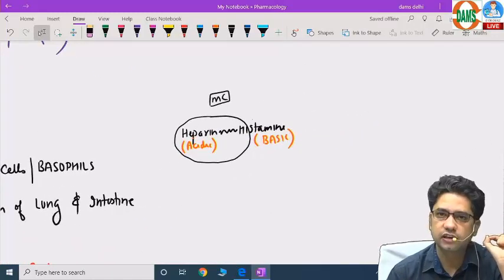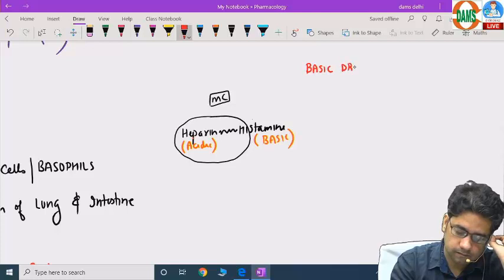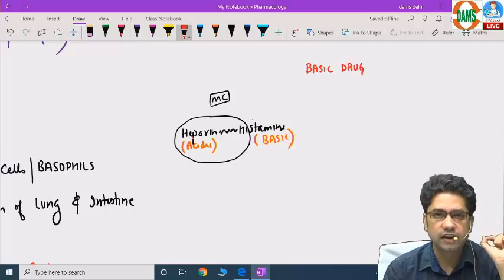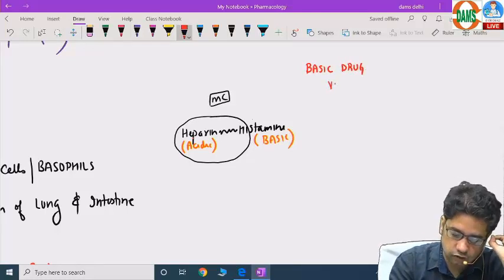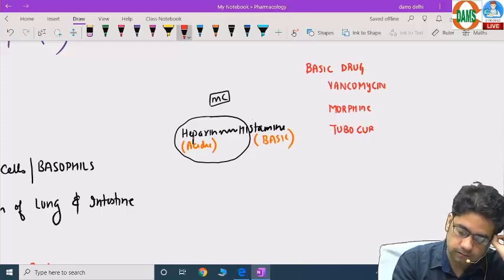Just think logically: if I give some basic drug, let's say vancomycin, morphine, and tubocurarine, we will remember these 3 drug names.